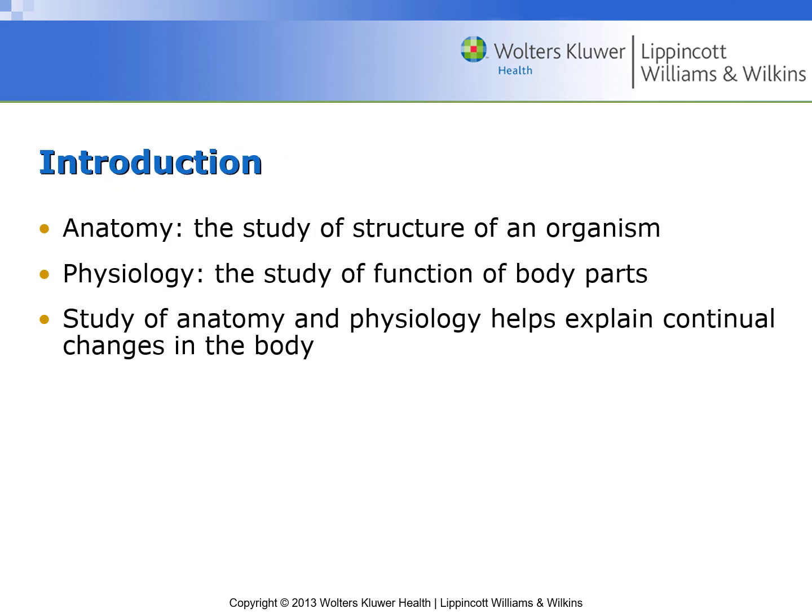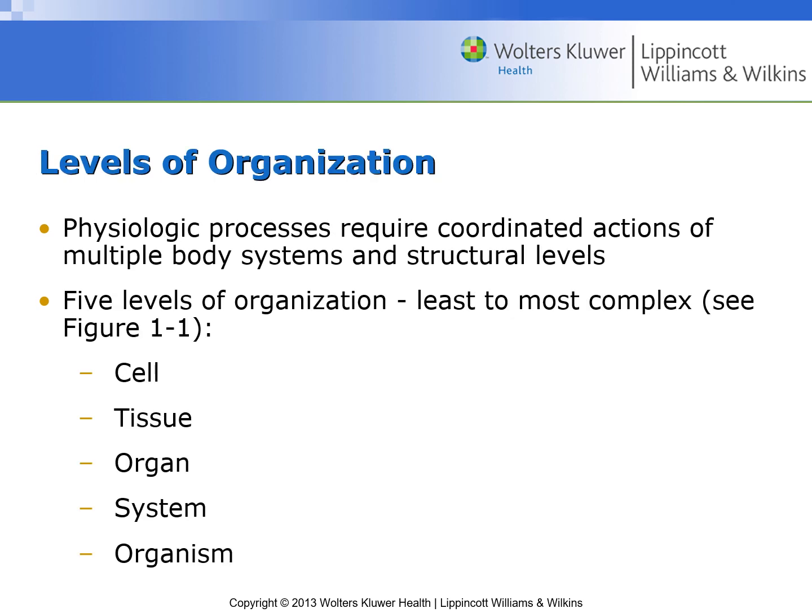So let's get started. Anatomy is the study of structure of an organism. Physiology is the study of function of body parts. Study of anatomy and physiology helps explain continual changes in the body. The levels of organization.